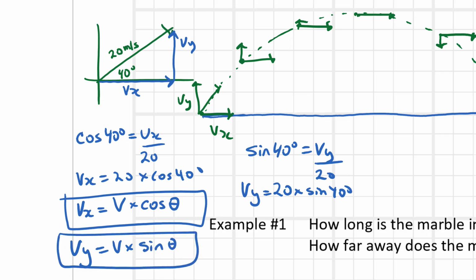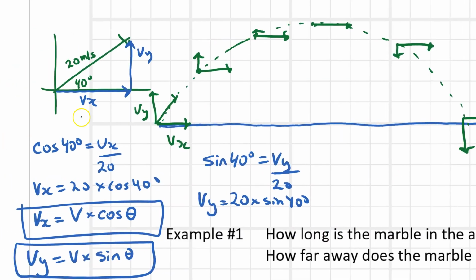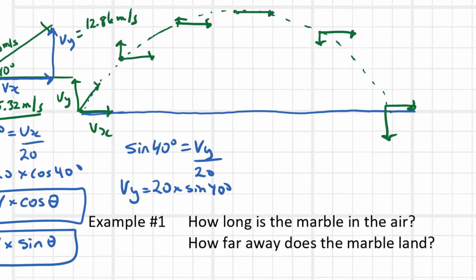Okay, if I punch those into my calculator, for Vx I get 15.32 meters per second, and for Vy I get 12.86 meters per second.